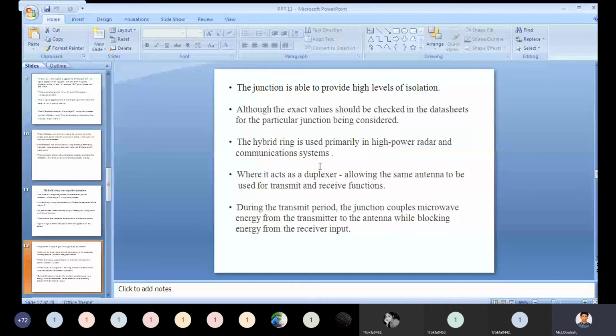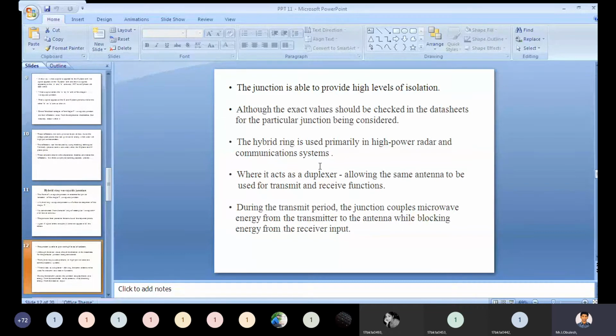During the transmit period, the junction couples microwave energy from the transmitter to the antenna while blocking the energy from the receiver input.